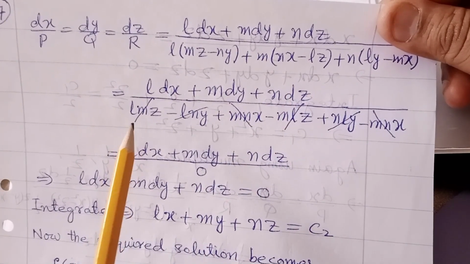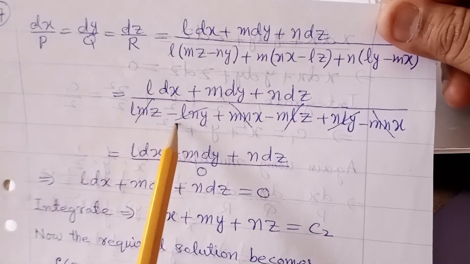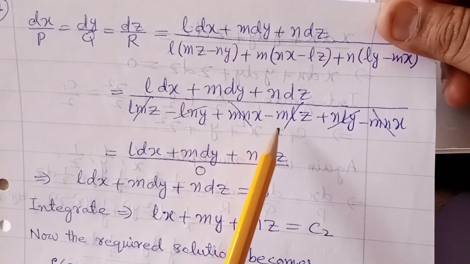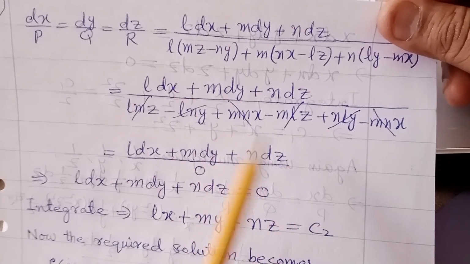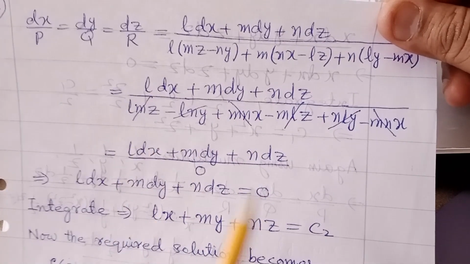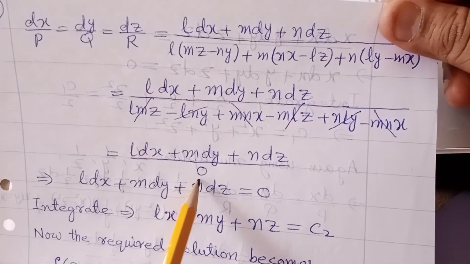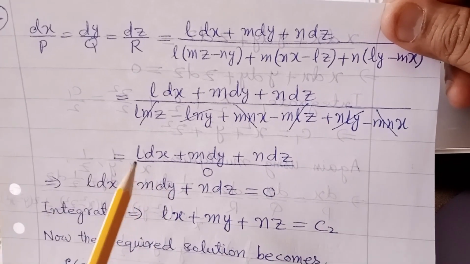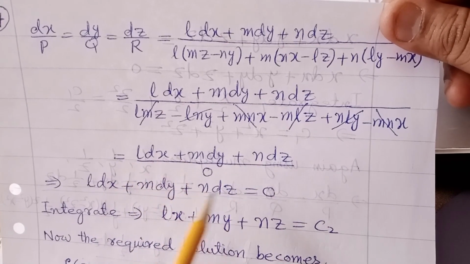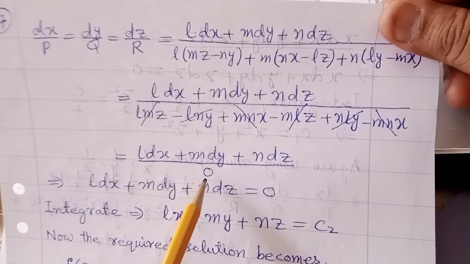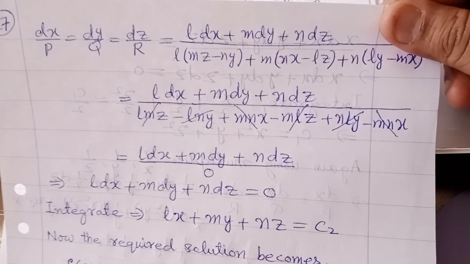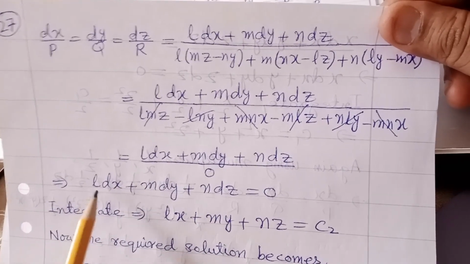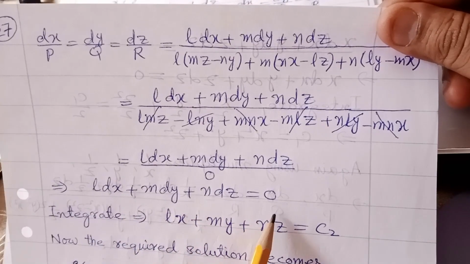After simplification, the terms lmz minus lny, mnx minus mlz, and nly minus nmx cancel out together, so the denominator will be 0. The remaining term would be l dx plus m dy plus n dz upon 0, and when this multiplies at the left hand side, all terms will be 0, so this equation can be written as l dx plus m dy plus n dz is equal to 0.